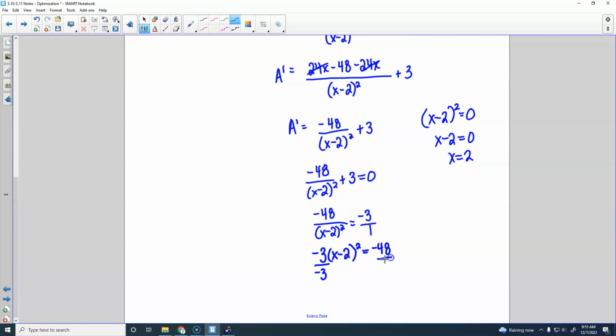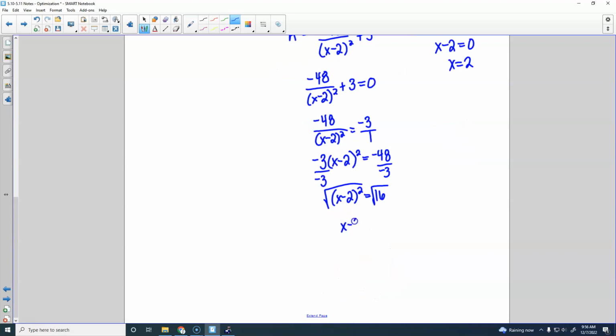Divide by negative 3. (x minus 2) squared is going to be 16. Square root both sides. So x minus 2 will equal plus or minus 4. So x will equal plus or minus 4, plus 2. And so that gives you x equals 4 plus 2, which is 6, or x equals negative 4 plus 2, which is negative 2.